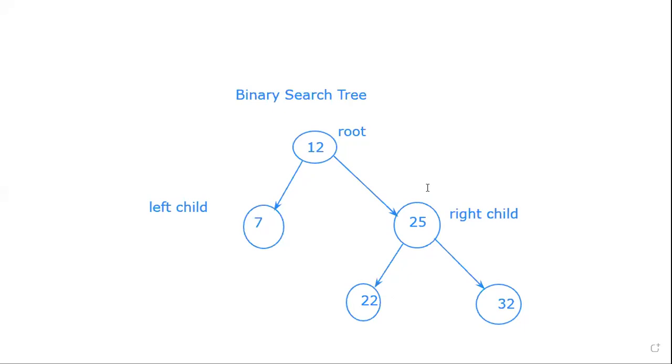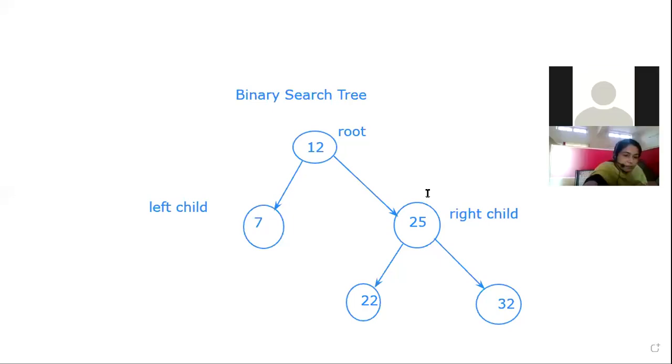Okay, so always there will be only two children. Always this binary search tree will be having two children, and these two children will be satisfying this condition. That is, always the left child will be having a lesser value than the root, and the right child will be having a value greater than the root.